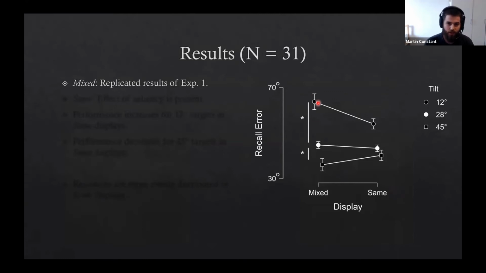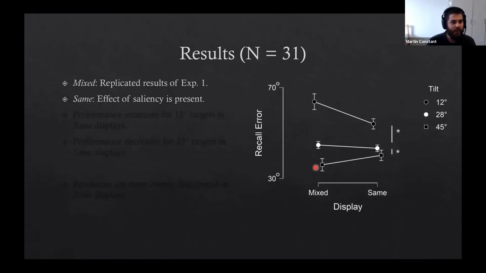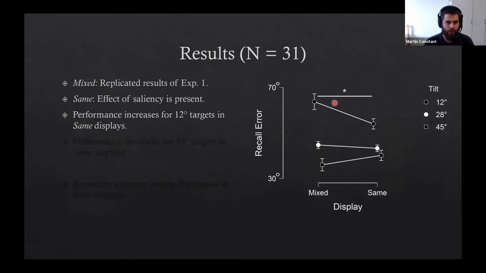So you see here that there is a difference between the 28 and the 45. The axis shifted, sorry. And for the same displays, so when all targets share the same tilt, there is also an effect, although it is smaller because resources are distributed more evenly. And that also shows because performance increases for 12-degree targets in the same displays.